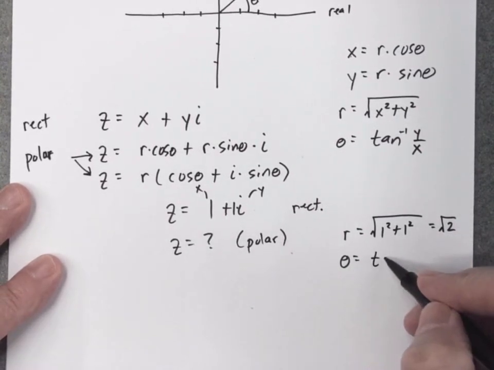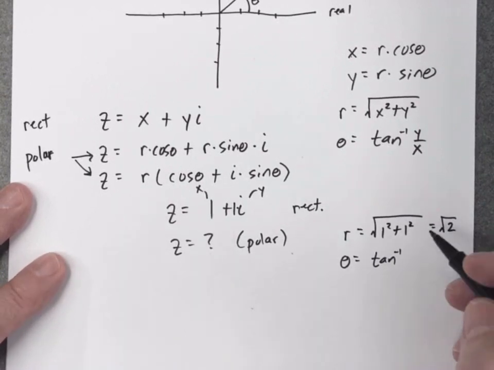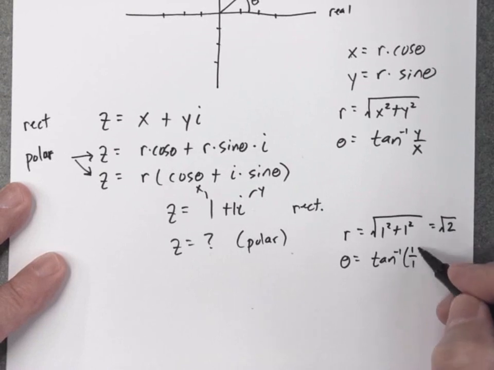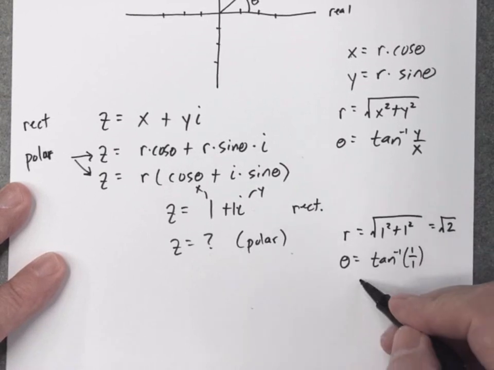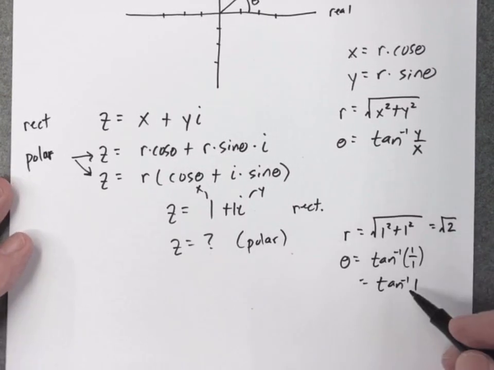Theta is inverse tangent of 1 over 1, which is inverse tangent of 1.